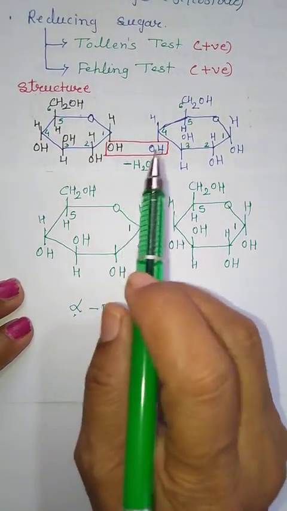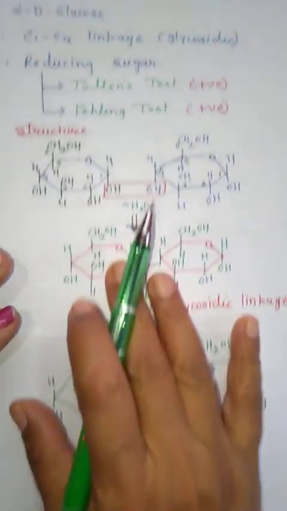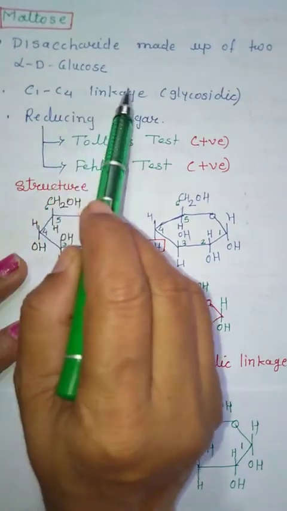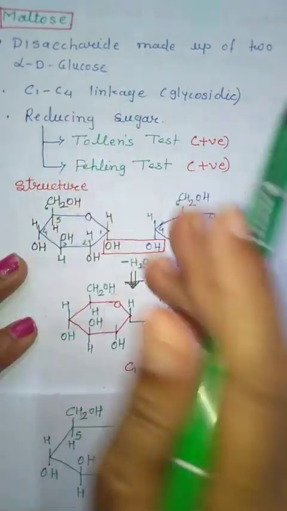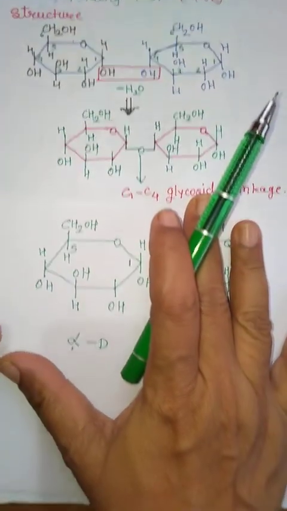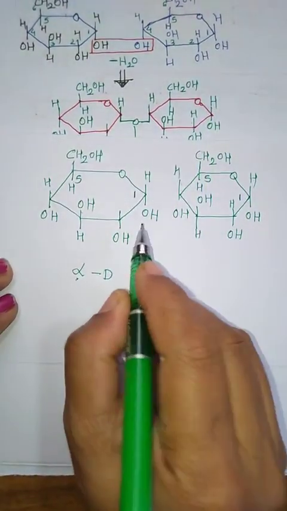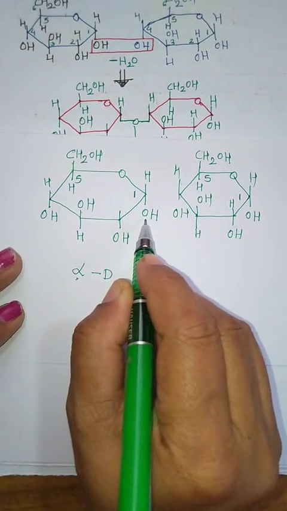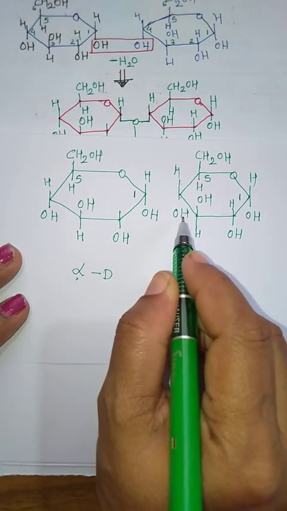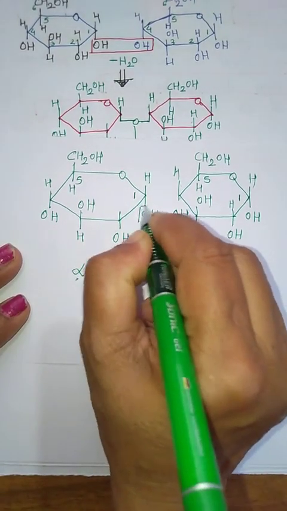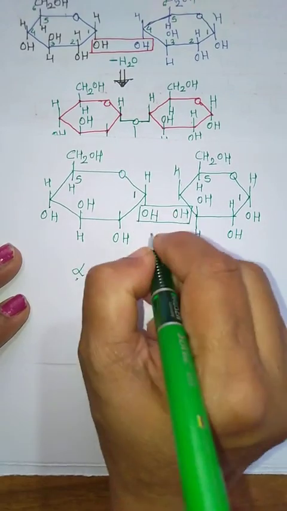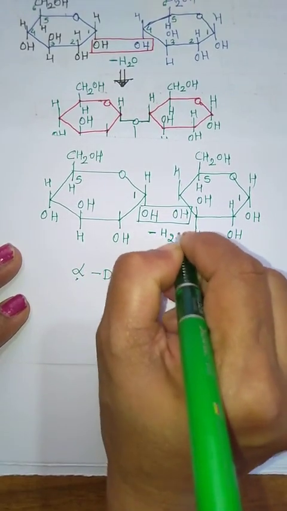Now, what linkage have we seen? We have seen that the linkage is the C1-C4 linkage. What does that mean? It means that in the structure, the first carbon of one alpha D glucose binds with the fourth carbon of the other. So here there will be the C1-C4 linkage, with minus H2O.